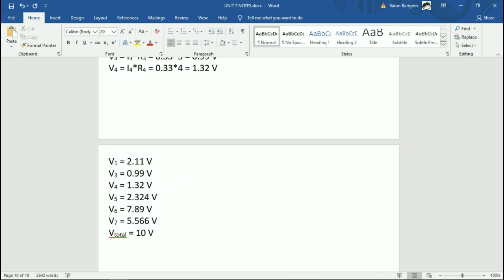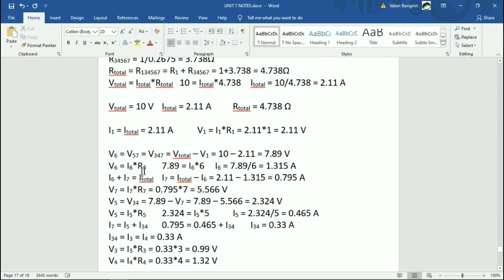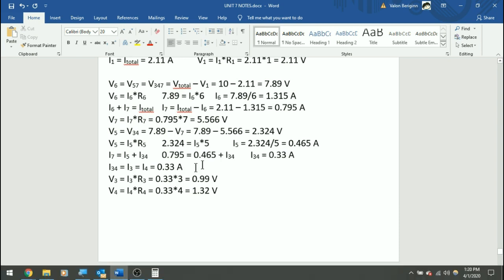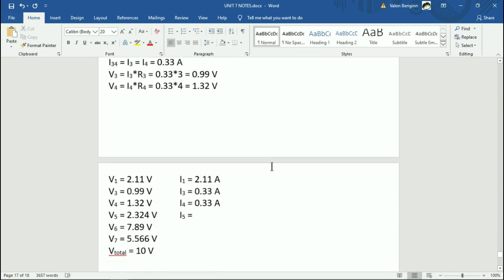And now I'm going to put the I's in. So I1 equals 2.11. I3 equals 0.33 amps, which was the same as I4. I5 equals, where's I5? There it is, 0.465.